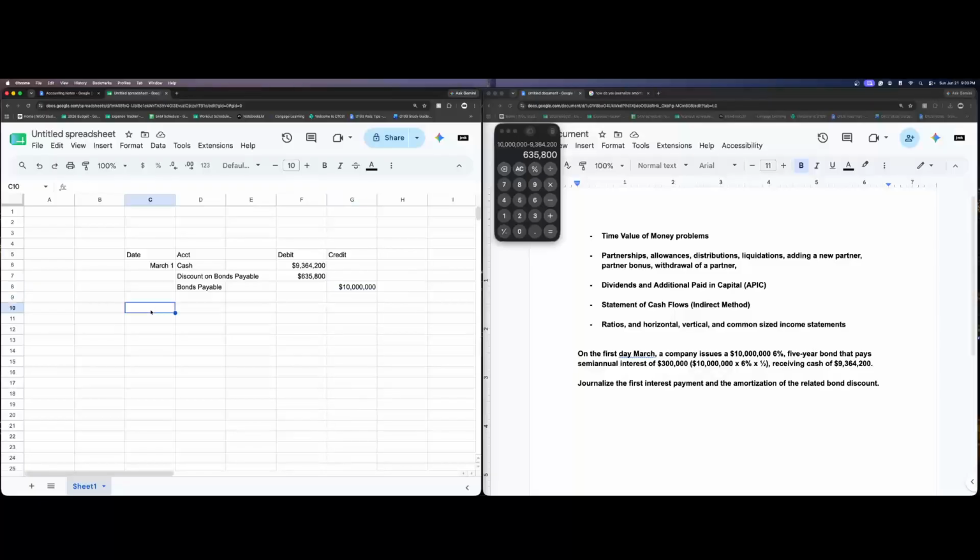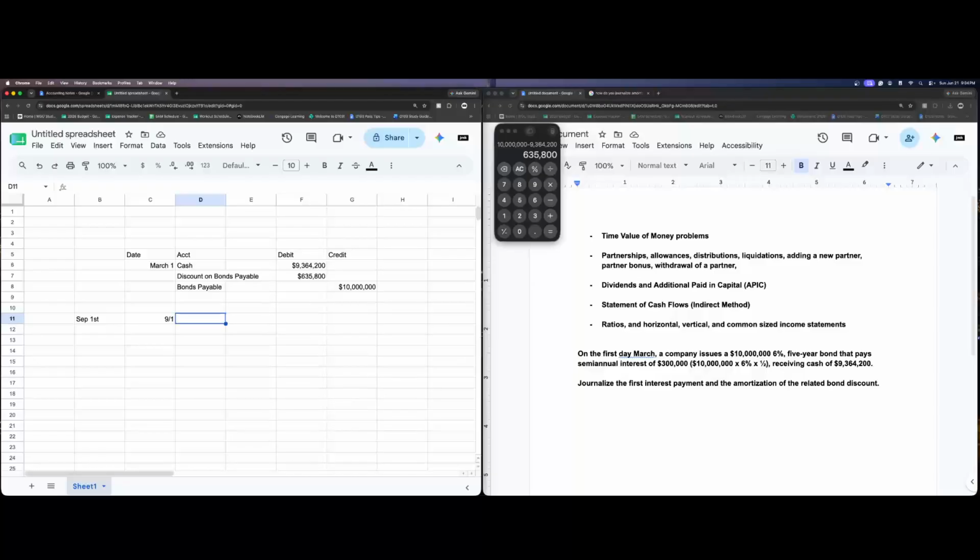But then because it's a 5-year bond that pays semi-annual interest, I would say 9/1, September 1st, which is 6 months later.